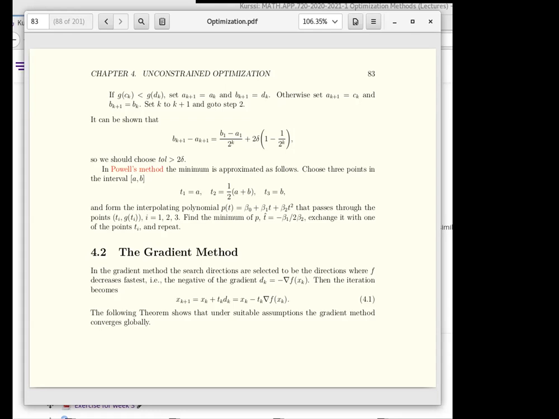And the direction which has the most negative directional derivative is the opposite direction of the gradient. So the negative of the gradient is guaranteed to be, at least locally, at least in some small distance, the direction where the function decreases the most.